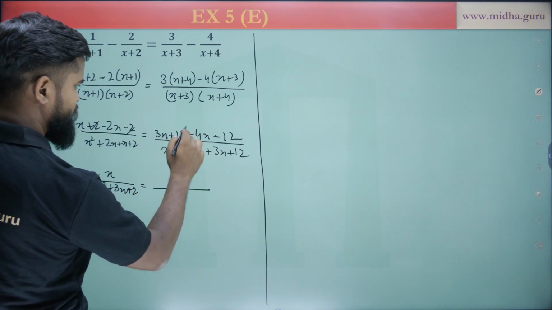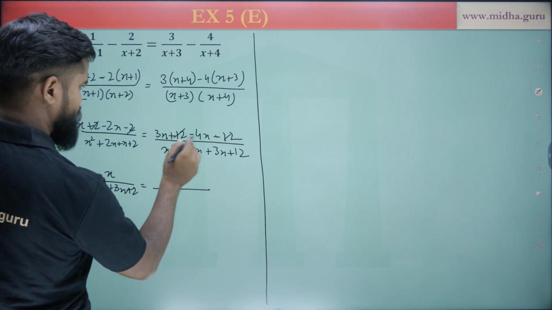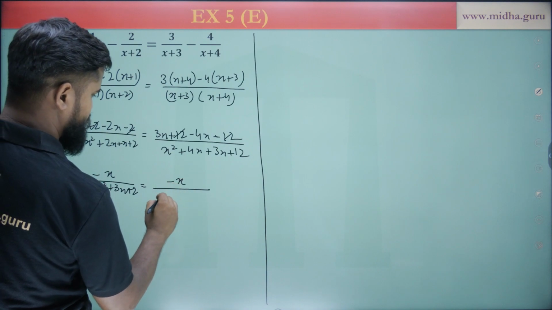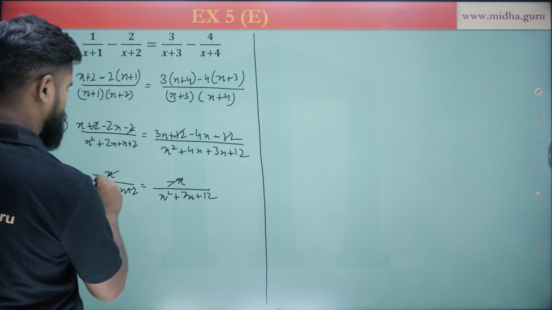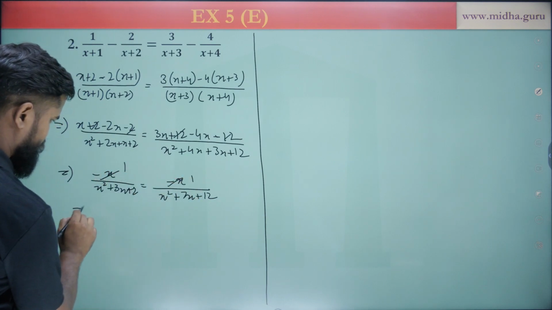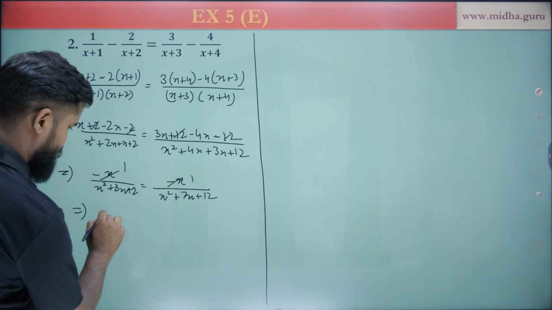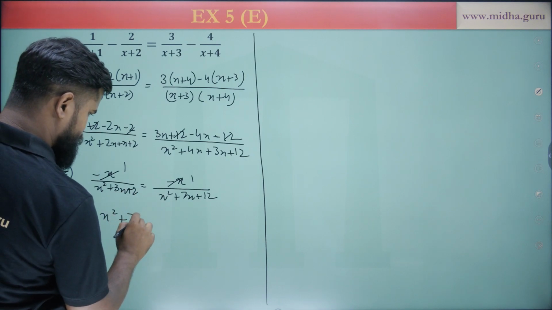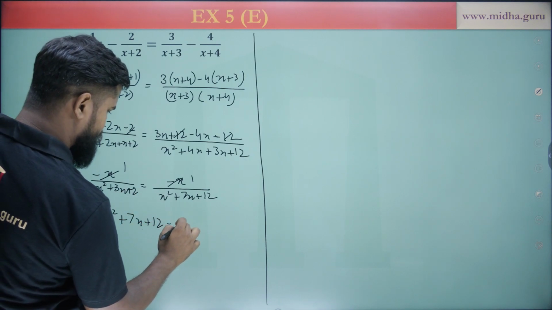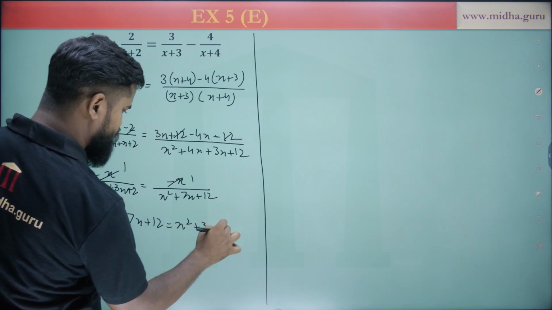And here 12 and 12 get cancelled, we have minus x by x squared plus 7x plus 12. We can cancel out the minus x's on both sides. Now we multiply this here and this here, we get x squared plus 7x plus 12 is equal to x squared plus 3x plus 2.